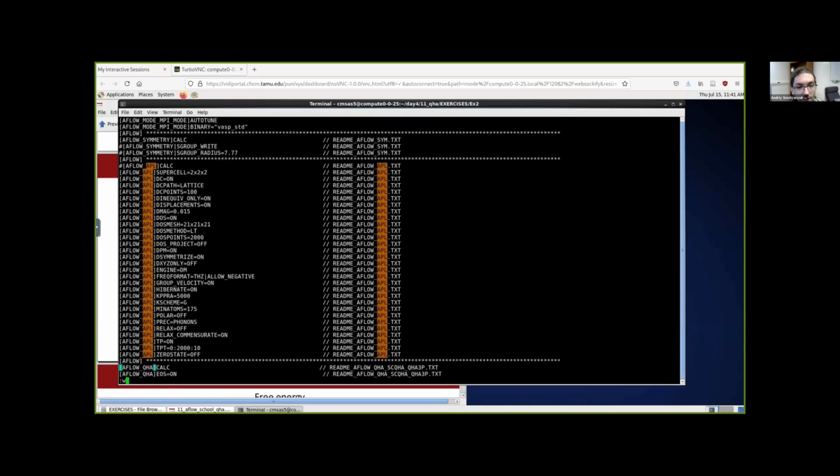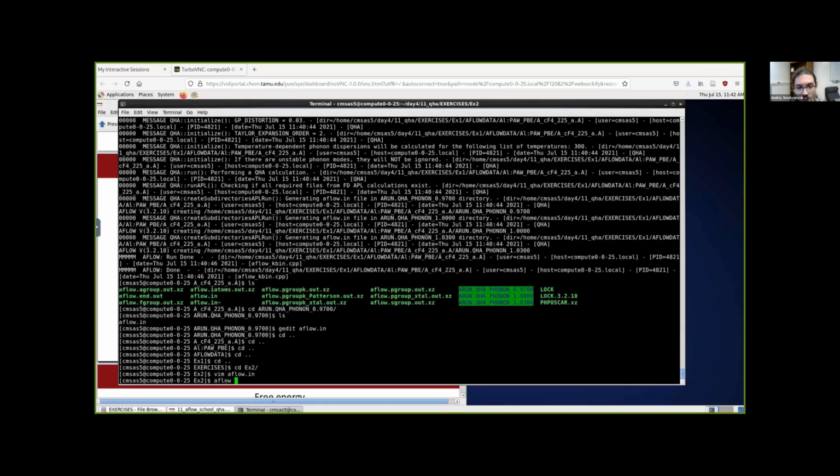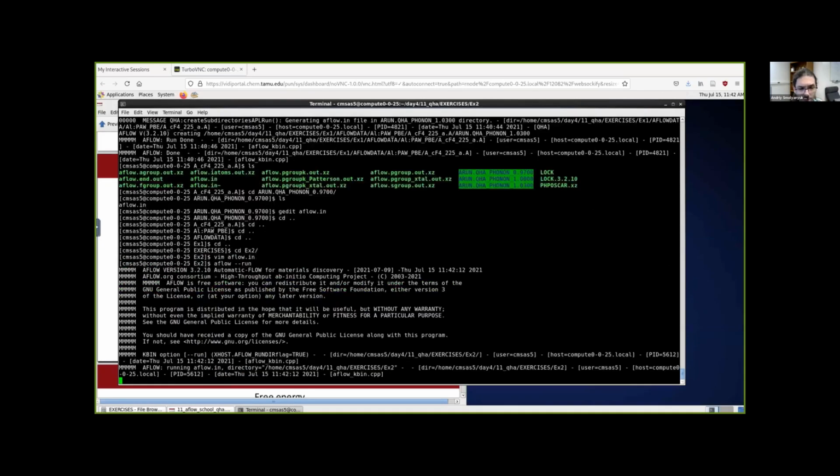You want to uncomment QHA. You want to have EOS equal to off. GP finite diff, switch to on, and distortion set to 3, because you pre-calculated it with a change of volume of 3%. Then you can do a run.